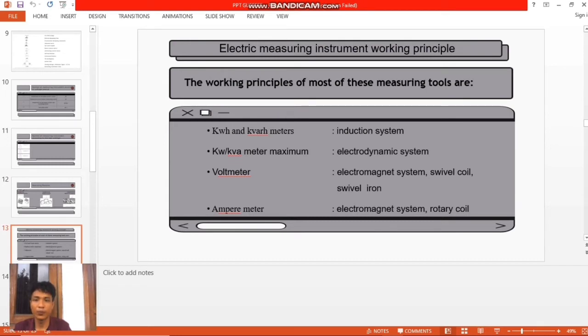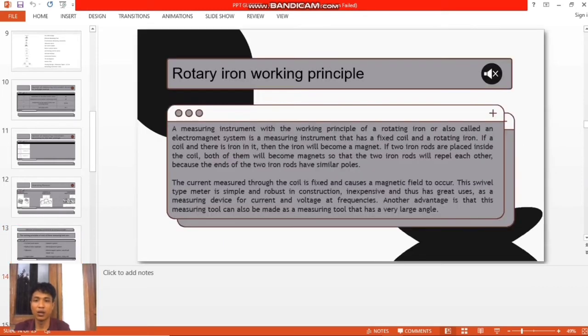The working principles of most of these measuring tools are: the kWh meter in the induction system, the kWh meter in the electromagnetic system, the voltmeter in the electromagnet system with rotary coil and rotary iron, and the ammeter in the electromagnetic system with rotary coil.